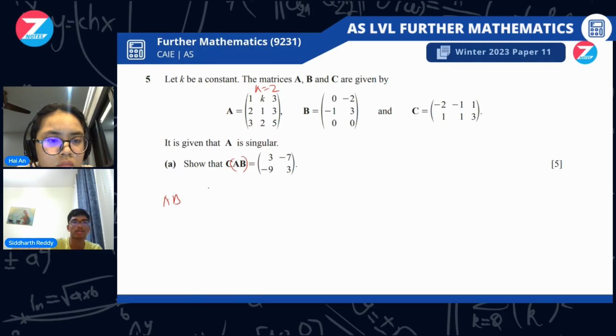We always go from right to left. So we get 1, 1, 2, 3, 2, 1, 3, 3, 2, 5 times 0, minus 2, minus 1, 3, 0, 0.